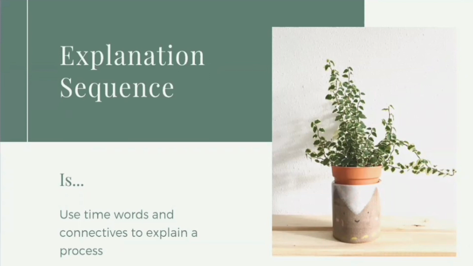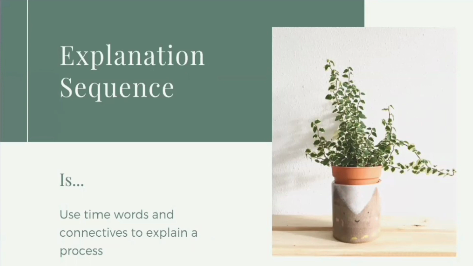After the introduction, next we continue to the explanation sequence. The explanation sequence usually uses time words and connectives to explain. We have to explain two things: the first is how something works, and the second is why something happens.